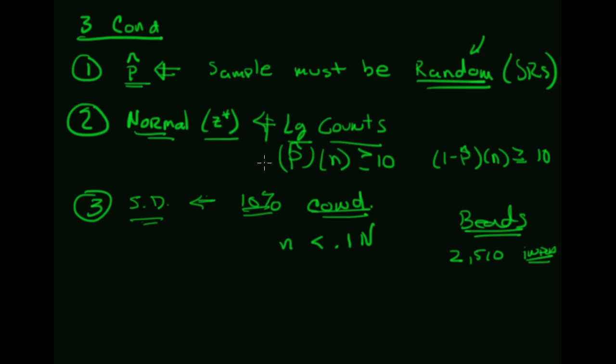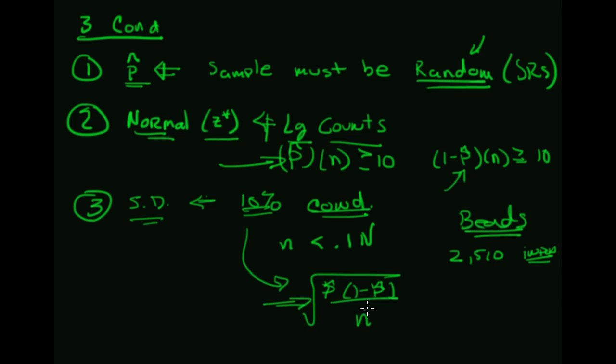Now I want to note that we're substituting the p hat here, here, and in the standard deviation estimate, we're using the square root of p hat times 1 minus p hat over n. Now, this actually has a name, okay? This thing is actually not referred to as the standard deviation, but is referred to as the standard error.